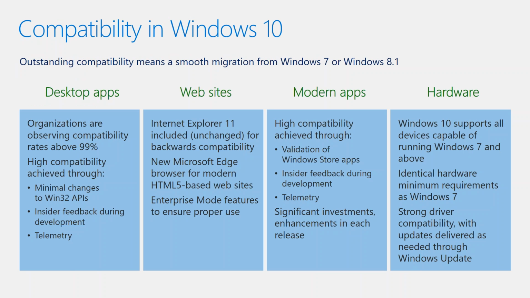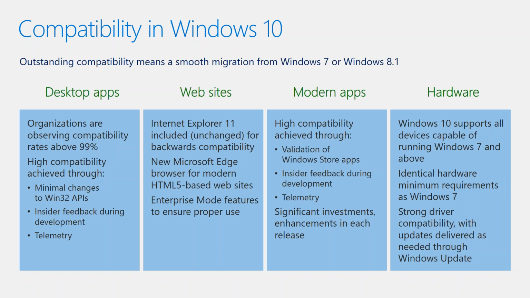As part of that design, one thing we wanted to make sure to cover is compatibility in Windows 10. Primarily, this is referring to desktop applications, websites, modern apps, and hardware. From an app perspective, customers have told Microsoft that compatibility is a key pain point in the OS deployment, and we all know that. All of us have lived that.